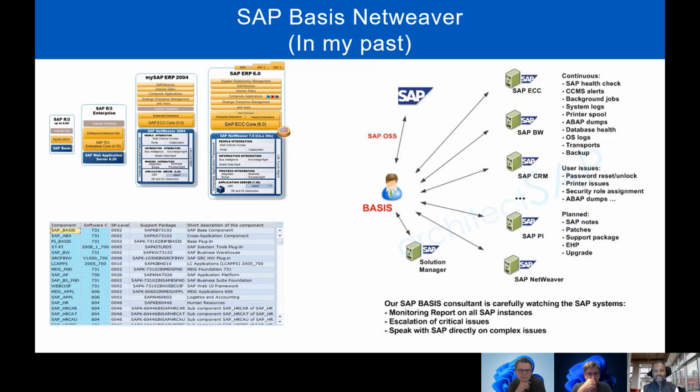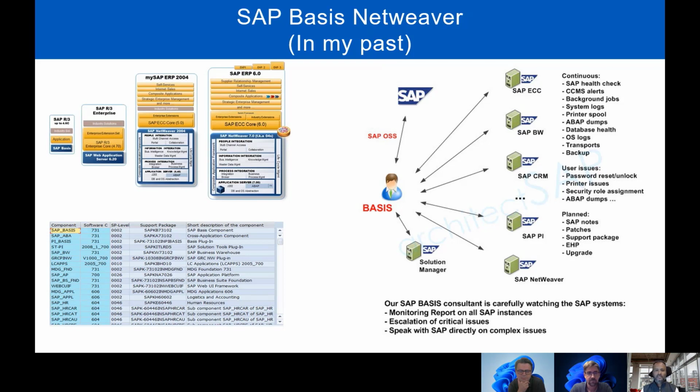Some may ask, what does a Basis person do, right? These are the typical things that they would do. They would log tickets through OSS whenever they're trying to resolve production errors. They would look at monitoring. A huge chunk of their time is spent monitoring their SAP landscapes, be it ECC, BW, CRM, PI, or NetWeaver.